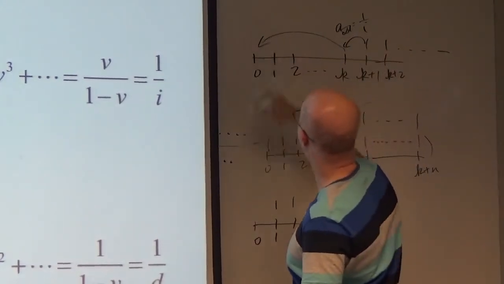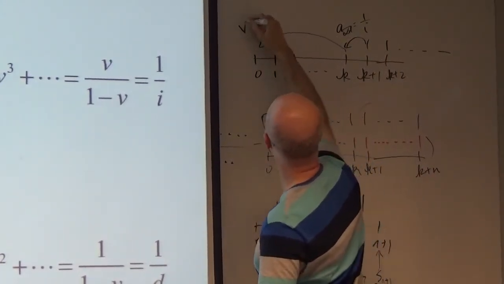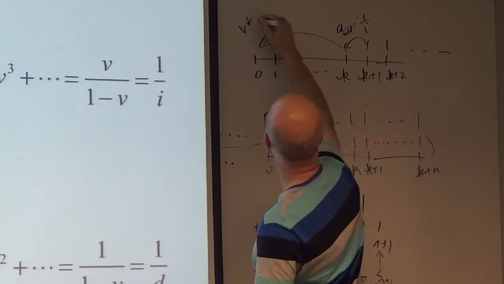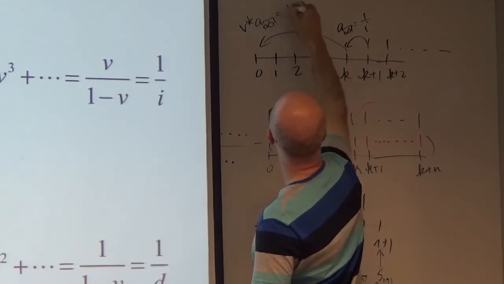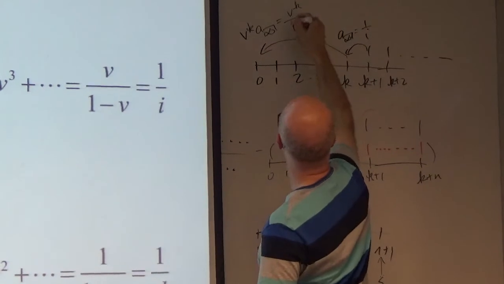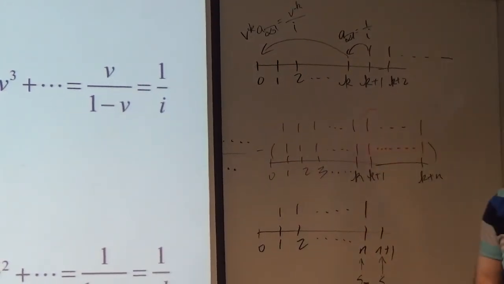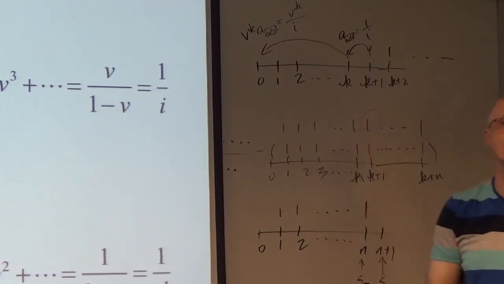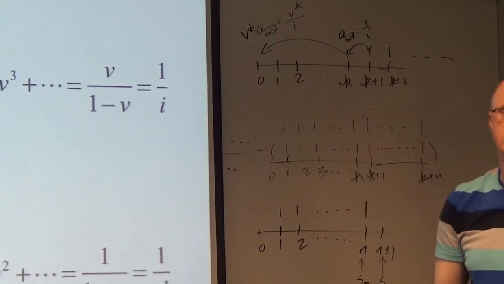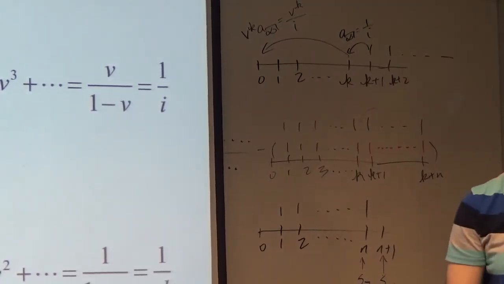Go back another k periods to time 0, and you've got to multiply it by v to the k. So you get v to the k over i. And you could do something similar for a deferred perpetuity due.